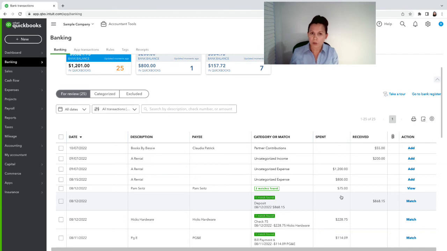But I would not create rules for income unless you never, ever create invoices in your system, and all the income that is coming has no fees. That is just pure income, maybe ACH from a specific client who never gets an invoice, they just send payment to you, then it's okay to create a rule. Now keep in mind, if you have an integration, when the integration comes, it's sending sales receipts, invoices and deposits.